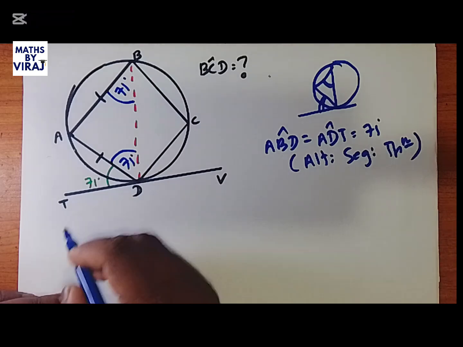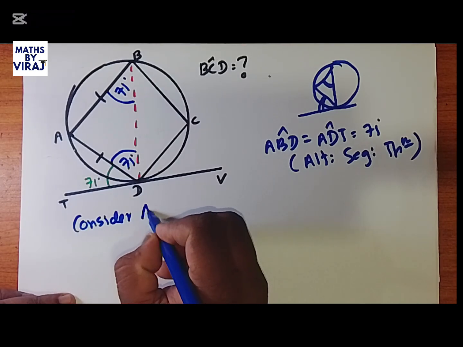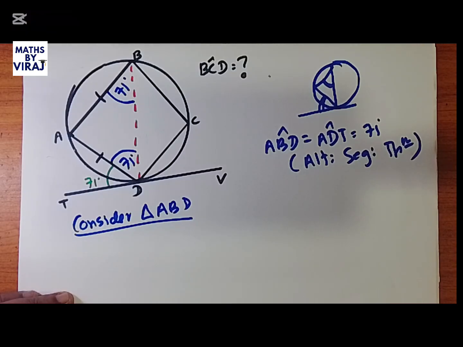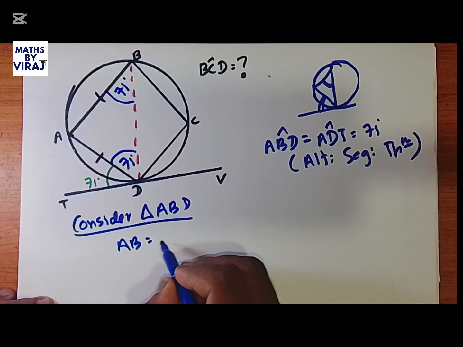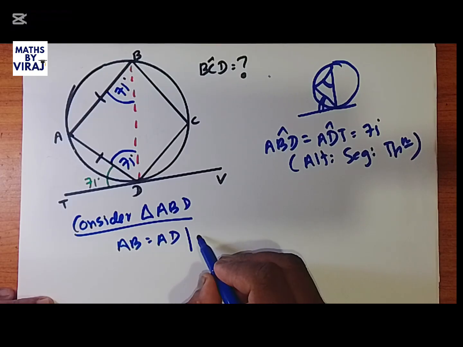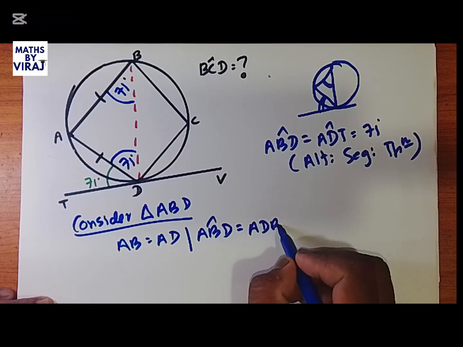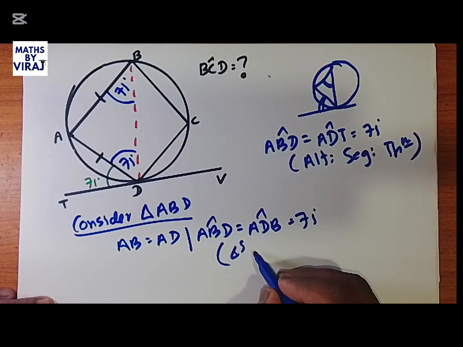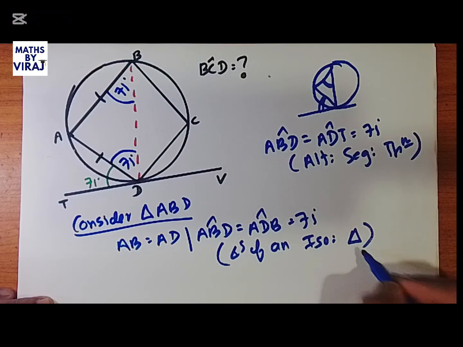Well, now we write, consider triangle ABD. In triangle ABD, it is already given to us that AB equals AD. Therefore, angle ABD is equal to angle ADB, which is 71. What is the reason for this? Angles of an isosceles triangle.